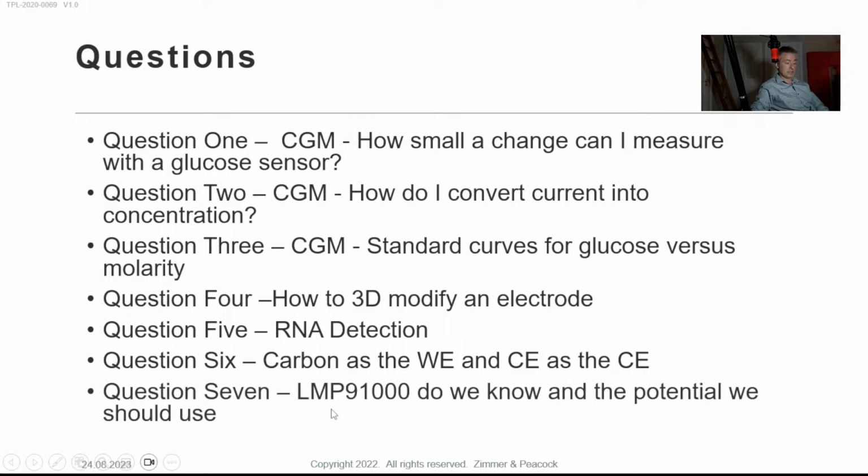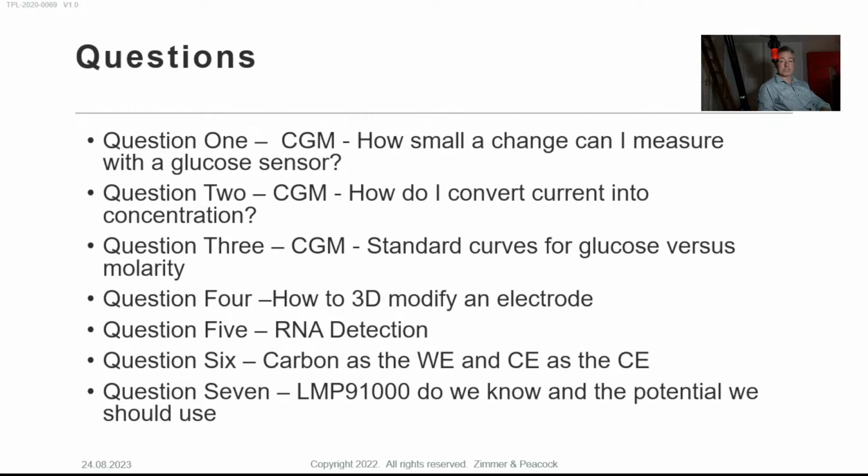I'll deal with that. Somebody else asked, have we heard of LMP91000, and should they use it? The quick answer is we have used it in the past. I do not recommend it these days. There are much better chips. I would look at the more modern open source potentiostats. I actually think the world has changed.